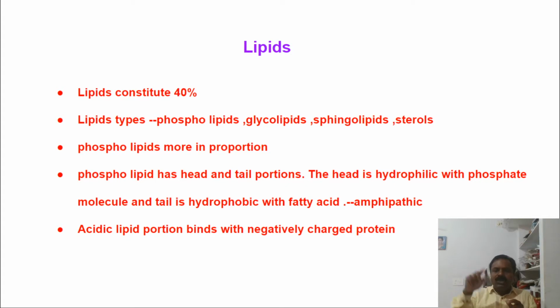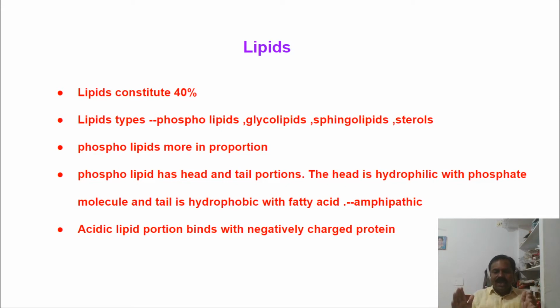The head portion is hydrophilic, it means it attracts the water, and this head portion has the phosphate molecule. Below this head portion, the tail portion is there, which is hydrophobic. It means it doesn't attract the water, it repels the water, it throws out the water.